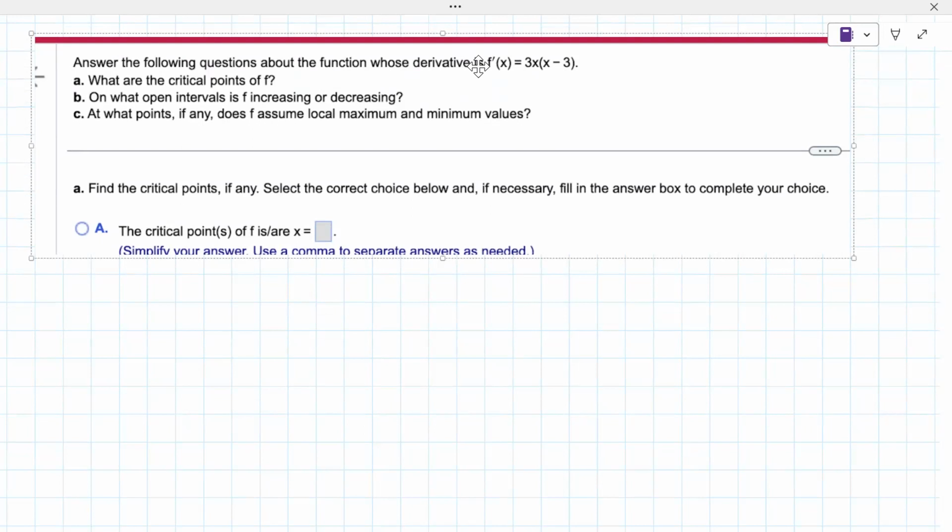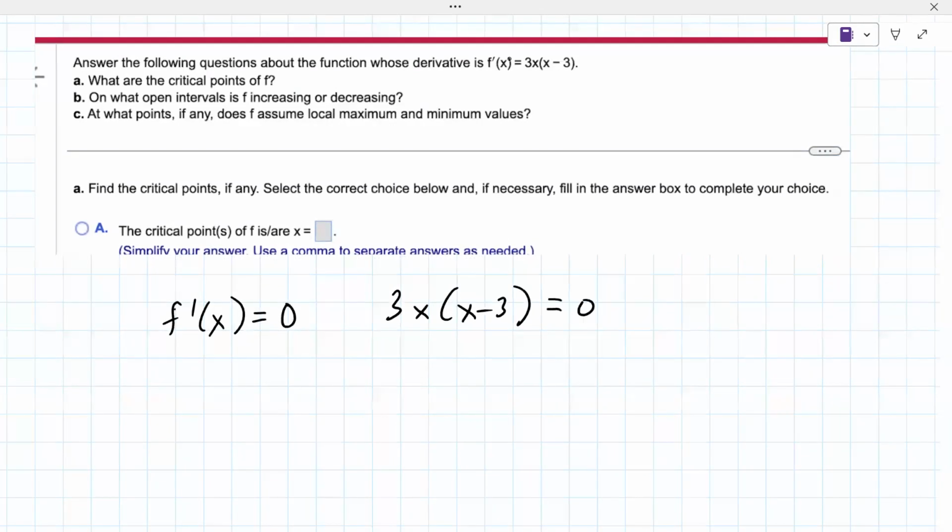So the critical points of this function are where the derivative is equal to 0. Where 3x times x minus 3 equals 0, where 3x equals 0 and x minus 3 equals 0. Divide by 3, so x equals 0, x equals 3.